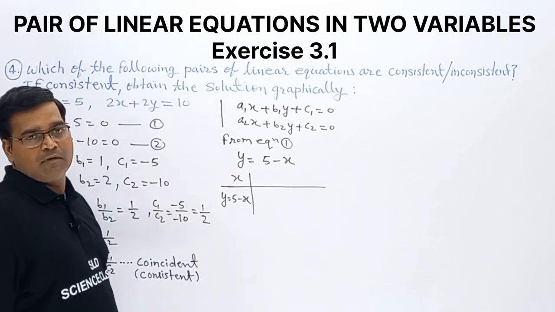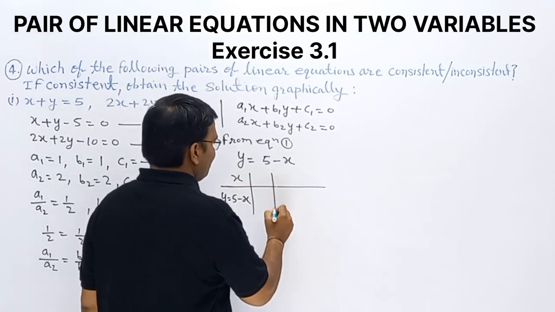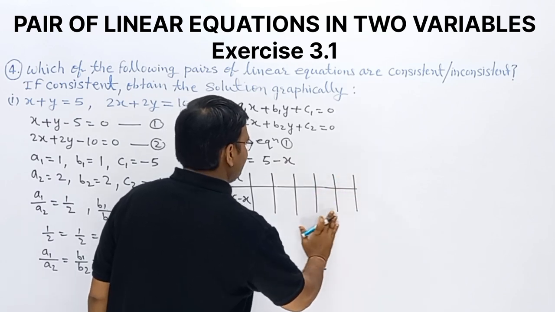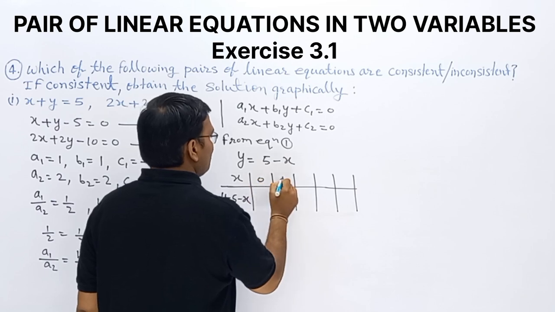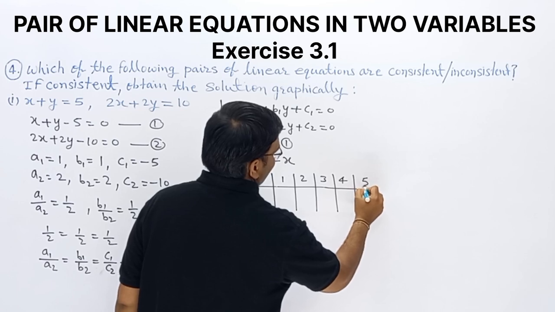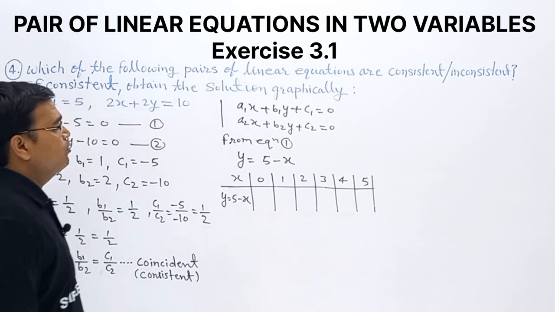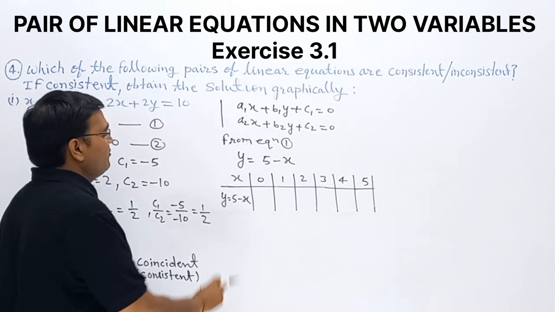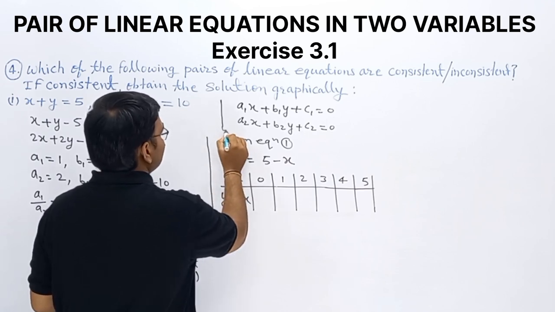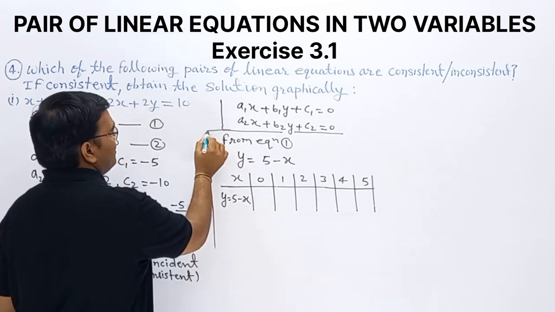I am drawing one table for equation number 1. For different values of x, we will find the values of y. Observe carefully, it is easy. I am taking x as 0, 1, 2, 3, 4, and also 5. What will be the value of y?